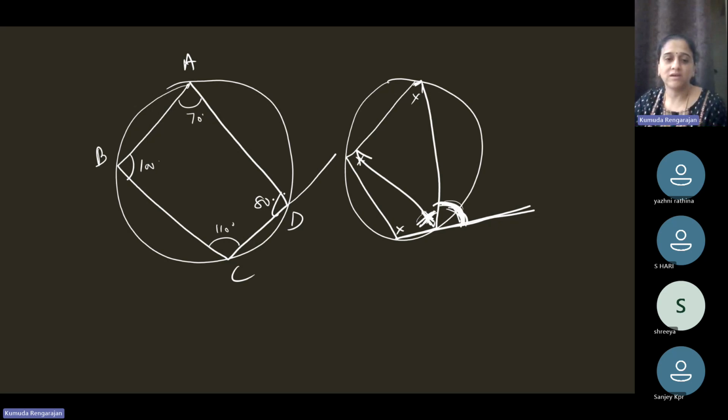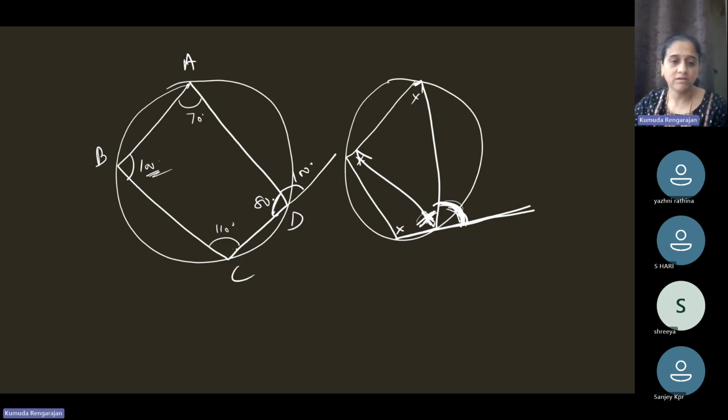And you can see that here. This 80 and 100 form a linear pair. Can you see? The exterior angle is equal to its interior opposite angle.